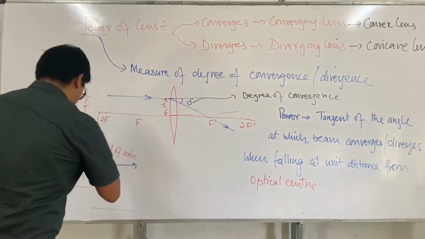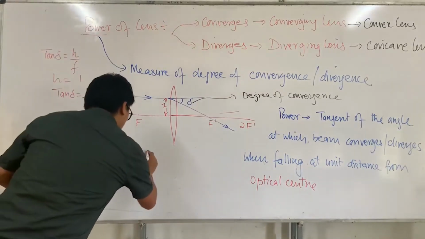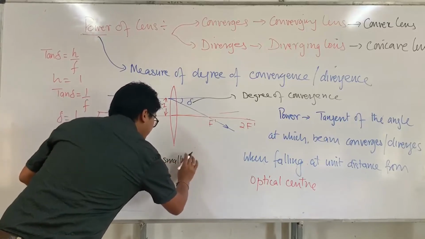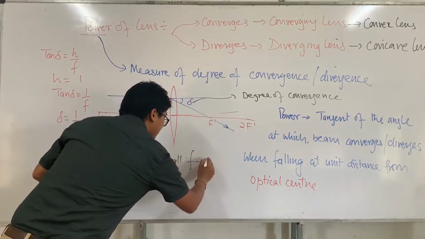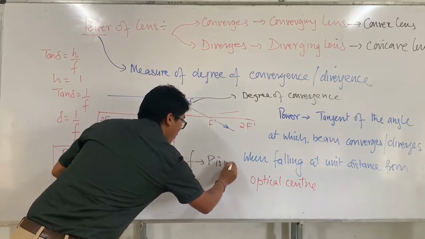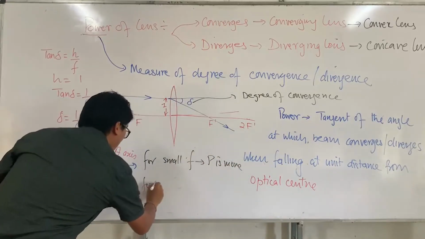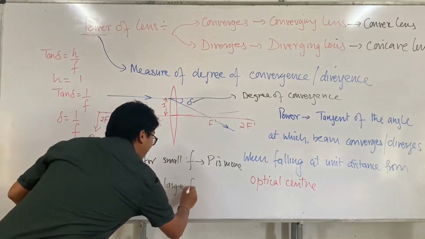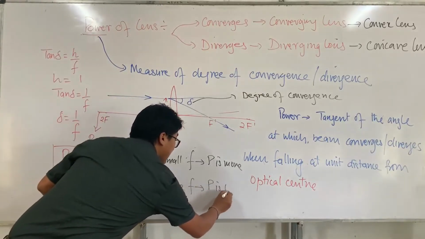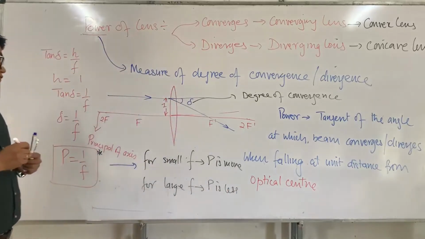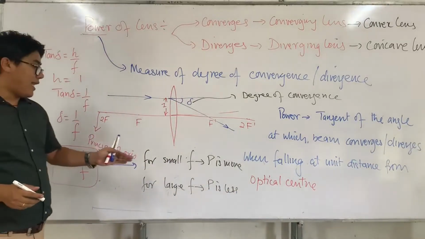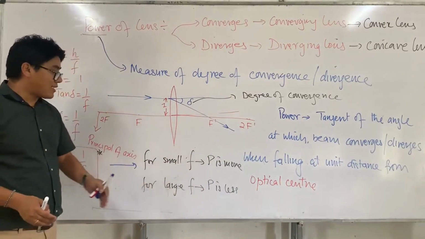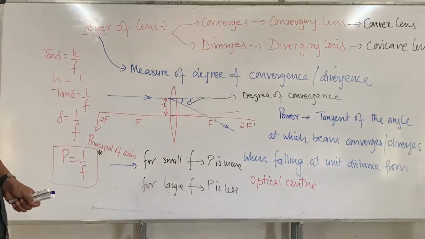So for small f, P is more. For large f, P is less. So if the focal length is small, then power is going to be more, and if the focal length is large, power is going to be less.